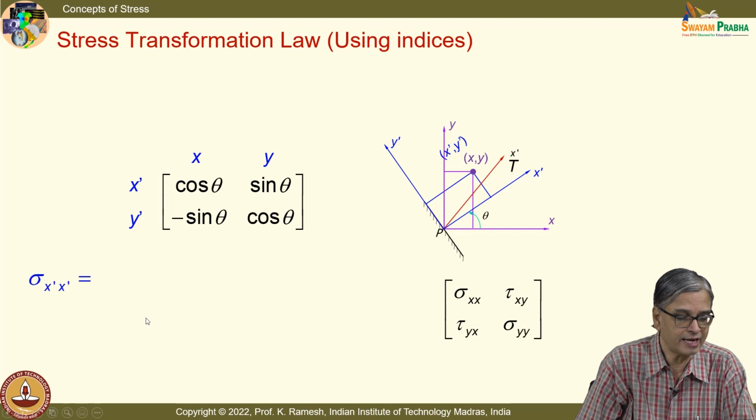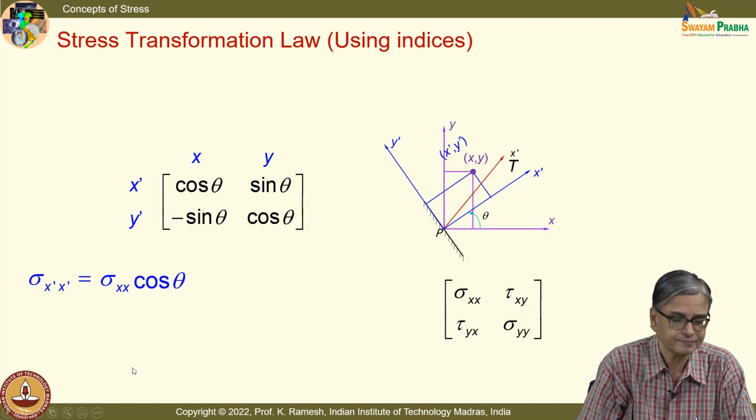What I want is sigma x prime. This will have contribution from all the terms. So, I take sigma xx, and what I do is, I have x prime x, and what is the x prime x direction cosine here? Cos theta. So, I will have cos theta. This is again x prime x, so I have cos theta. Then I go to the shear stress component.